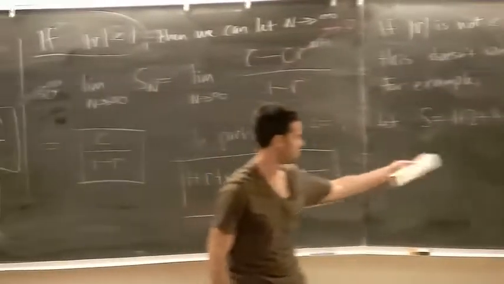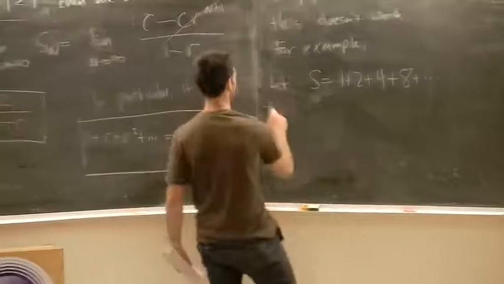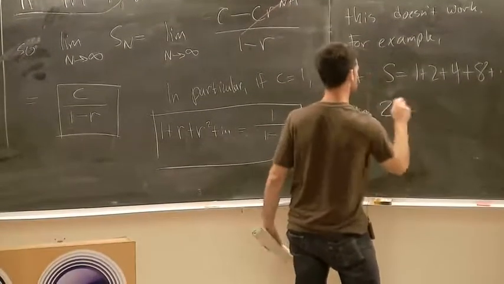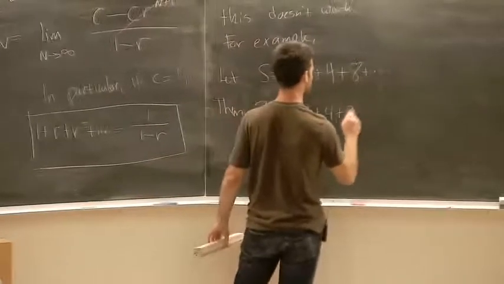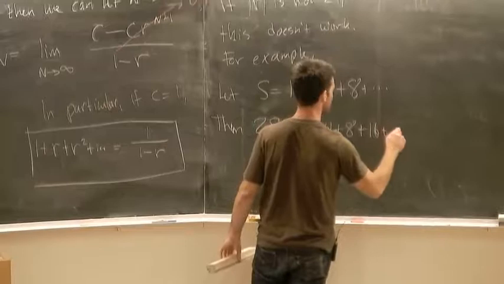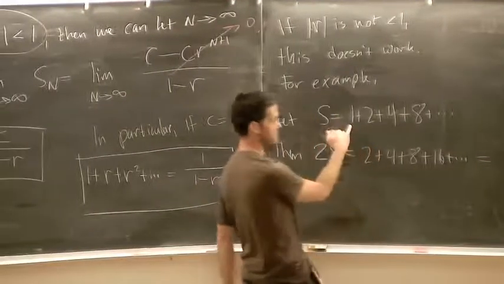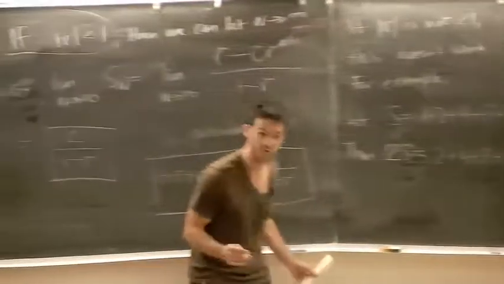So this would be a geometric series with common ratio 2. Then 2S, well, if I just double everything, it's 2 plus 4 plus 8 plus 16. You might notice that's all the same terms as S except for the 1. So that's equal to S minus 1, if I could do that.